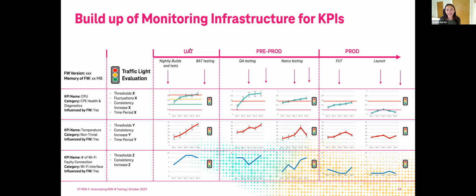Are we seeing similar behavior within each of these areas? And therefore we can then feed back into our testing process, and this is what helps us to make sure that we have that continual improvement in our testing, and definitely helps us within DT.